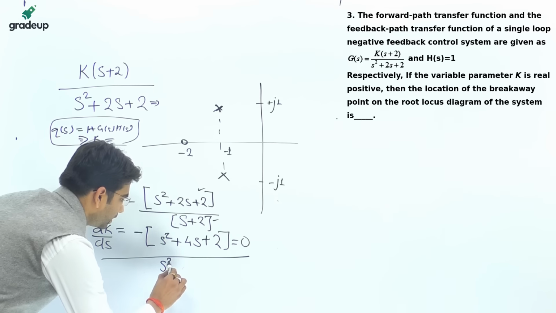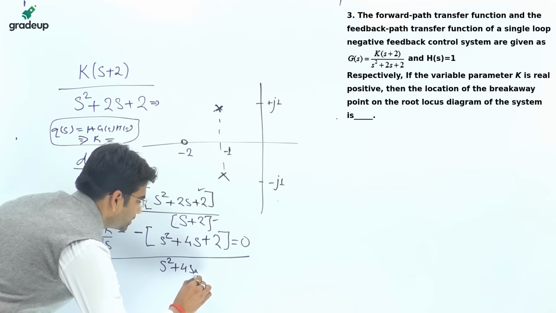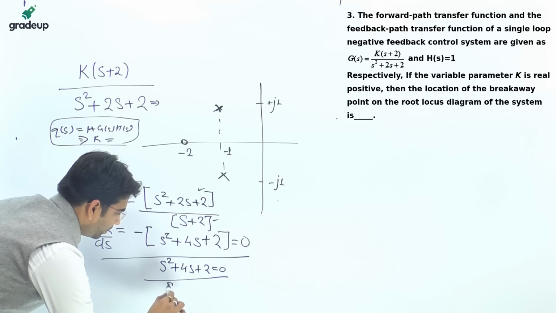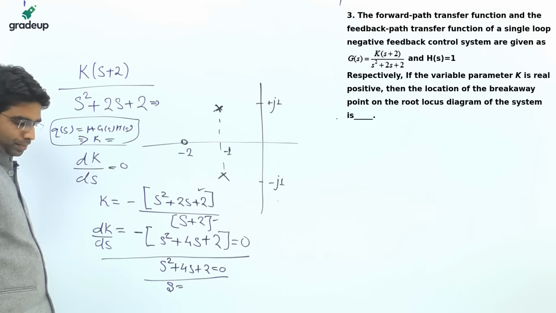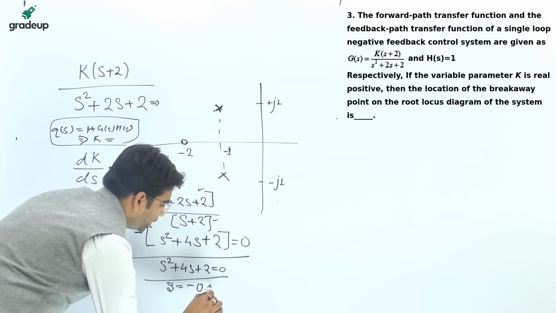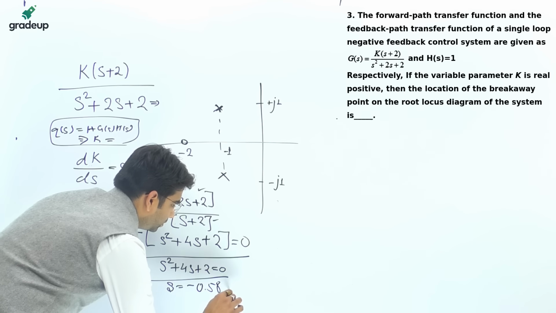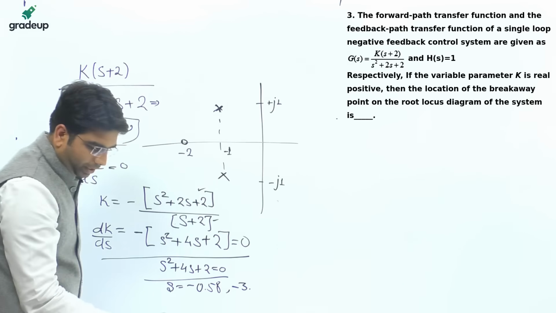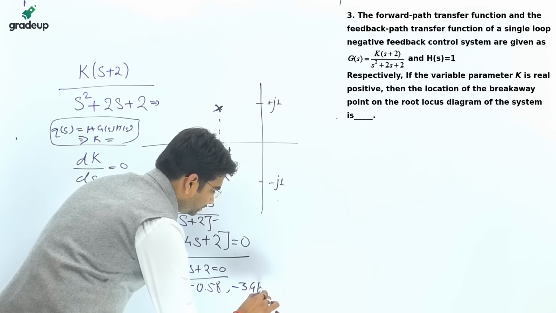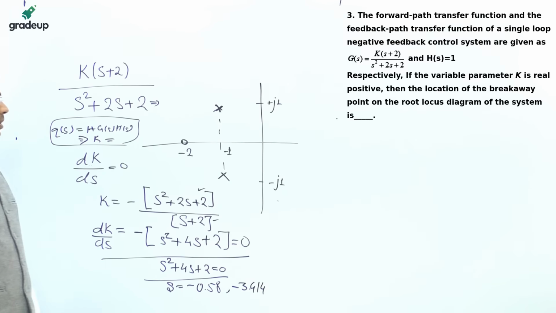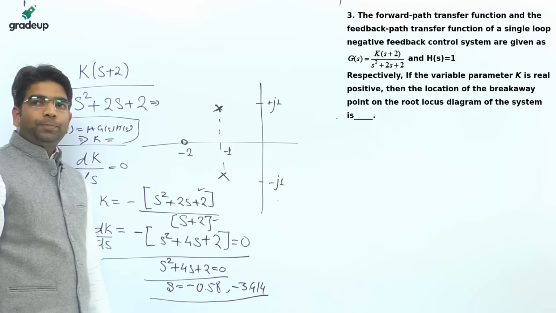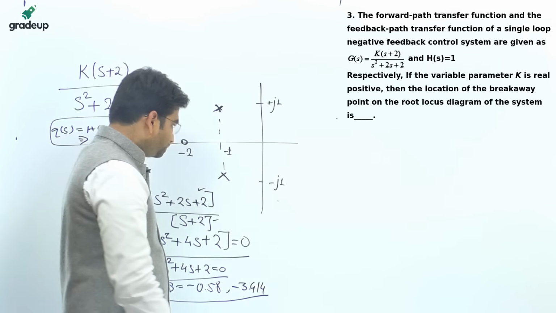So s square plus 4s plus 2 equals 0. s equals minus 0.58 and s equals minus 3.414. So two values of s are coming. Which one is acceptable and which one is not acceptable?